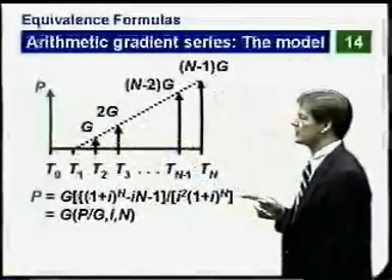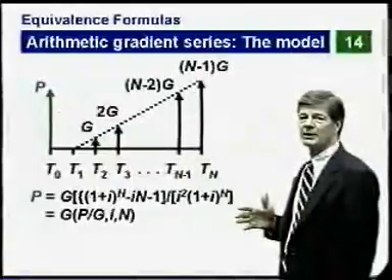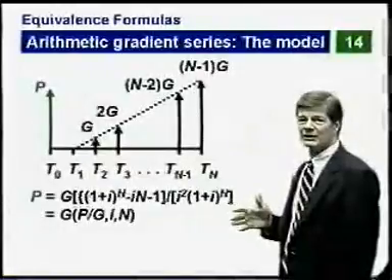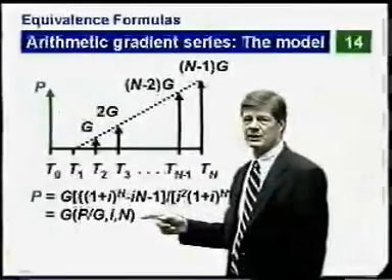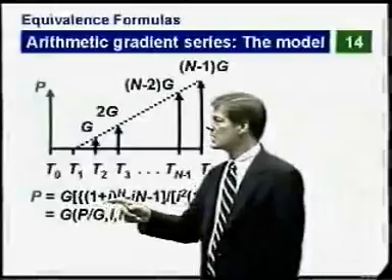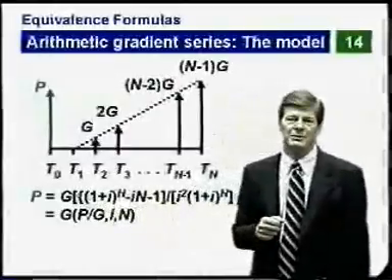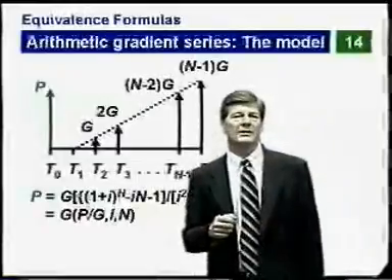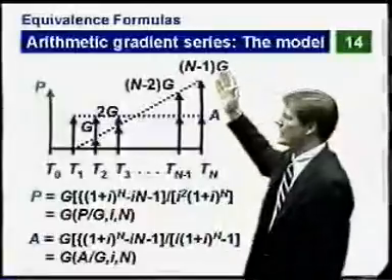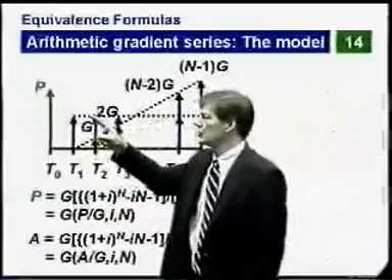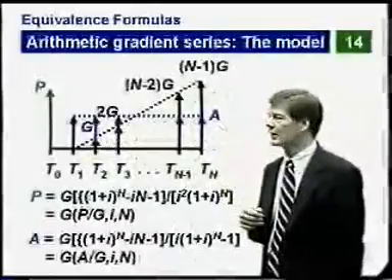Again, you will notice that this particular expression is a function of only two things, the interest rate and the number of compounding periods. So I can tabulate that in the back of the book, and I can give it this equivalence factor representation. Find P given G when the interest rate is I and the number of compounding periods is N. Now, there may be situations where, in fact, we may want to be able to convert a gradient series like this to a uniform stream like this, and your textbook covers those scenarios.